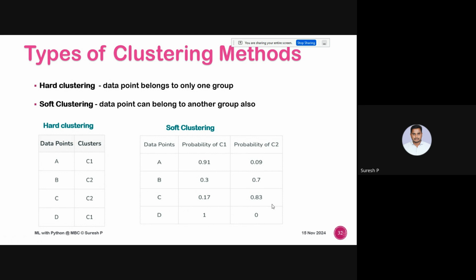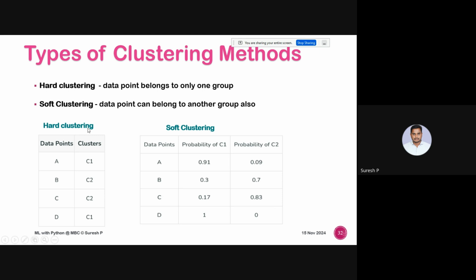A data point will not belong to more than one group. That is called hard clustering. In soft clustering, a data point can belong to another group also. That is, a single data point can be in more than one group. That is called soft clustering. For example, assume that the data points are A, B, C, D.